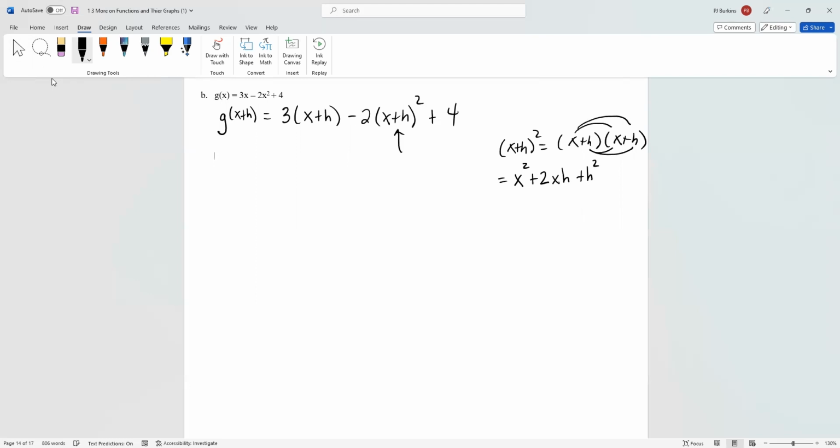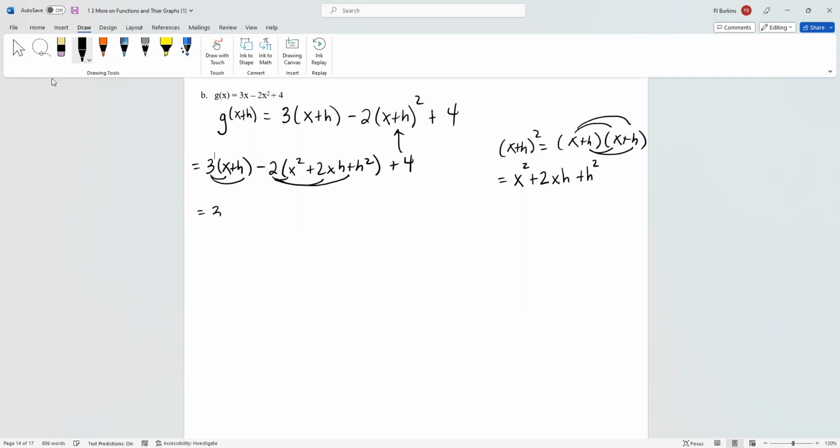Now I'm going to come back over here, plug that in, and then I will distribute everything. I need to distribute the 3. I need to distribute a -2 there.